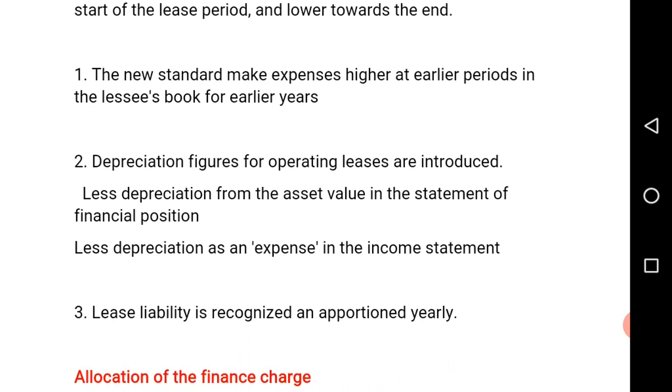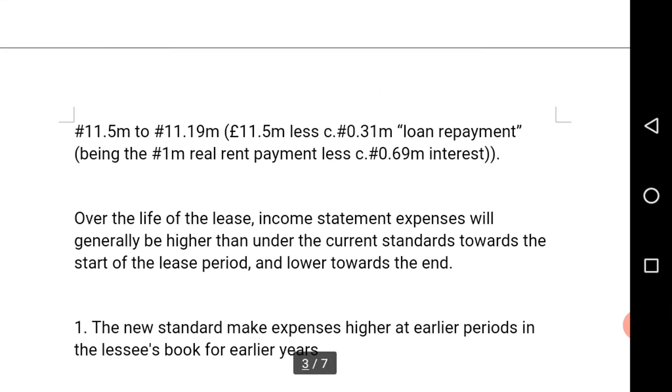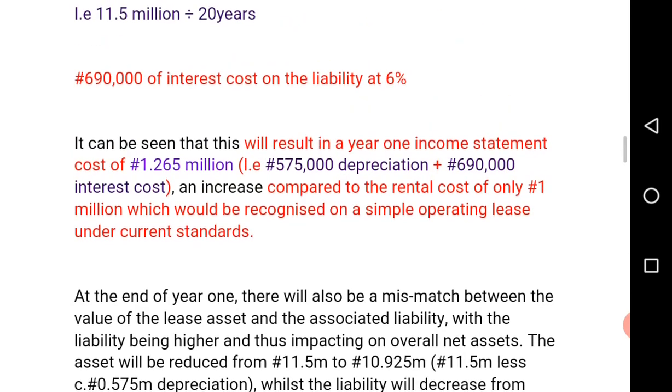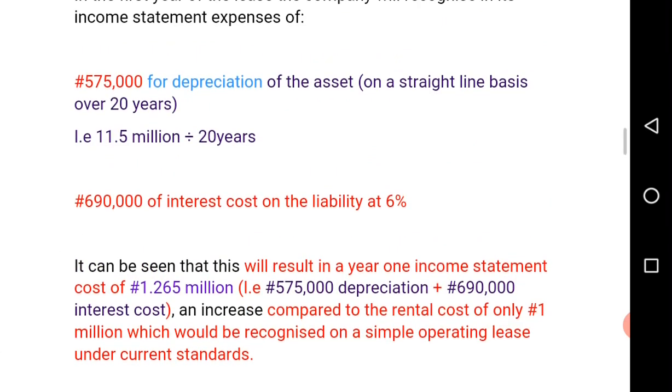Depreciation, less depreciation from asset value in the statement of financial position, which we did right here, 11.5 million to 10.925 million. The difference was the depreciation of 575,000 gotten here through our calculations by dividing by 20 years.